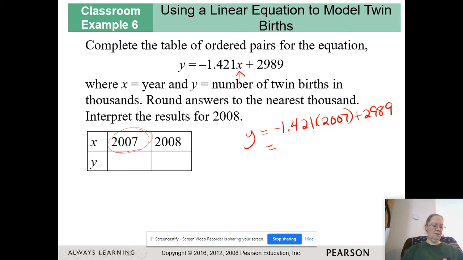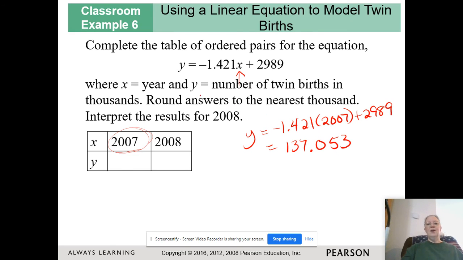We have negative 1.421 times 2007. All right, I end up with 137.053.